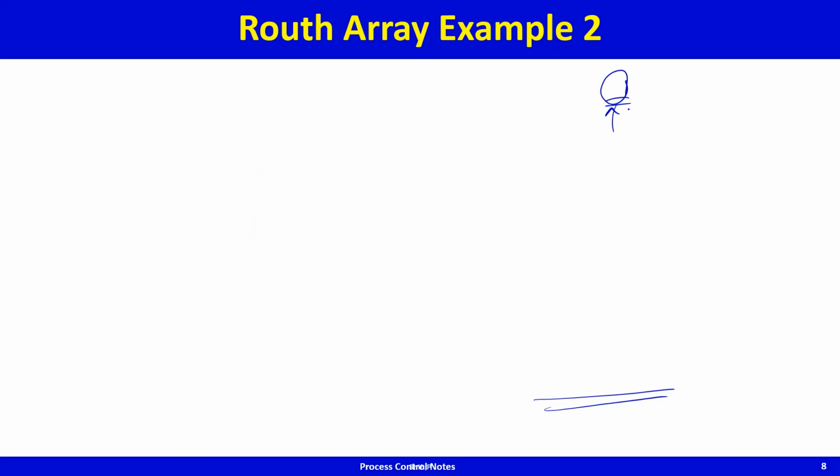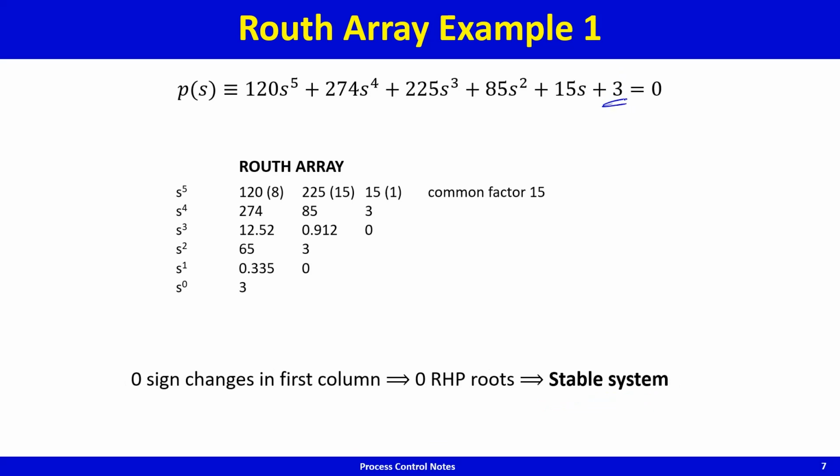And when this guy was small, I had a stable system, none of the roots in the right half plane. This goes to 4.571, I got two roots that are purely imaginary, and then this goes to 5, and I got two roots that are in the right half plane. Yeah, so this is what my root array analysis is telling me for this system, with this coefficient changing, perhaps because we are changing a controller tuning parameter.